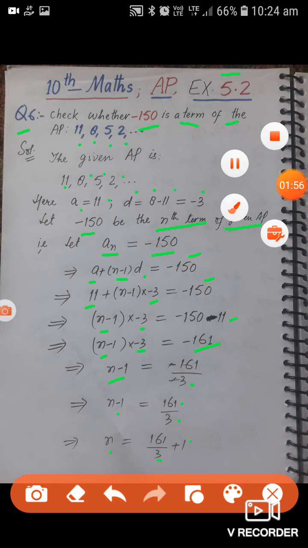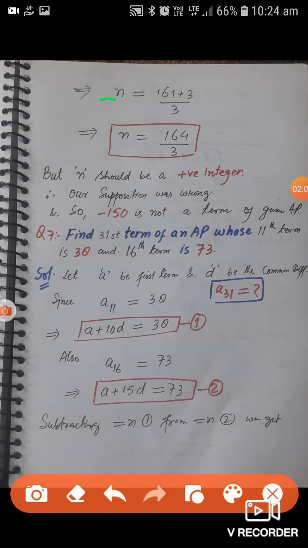Now n will be equal to 161 plus 3 divided by 3 on cross multiplication. We will get n is equal to 164 divided by 3, but we know 164 divided by 3 is a fractional number, so it is not a positive integer.